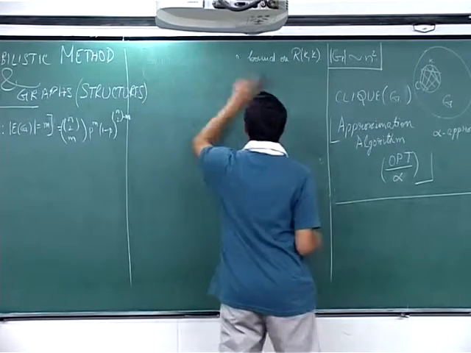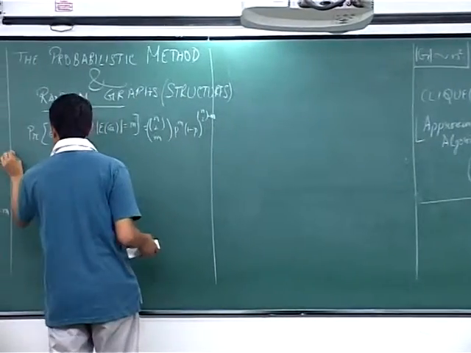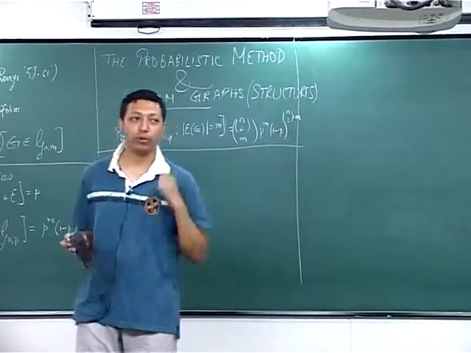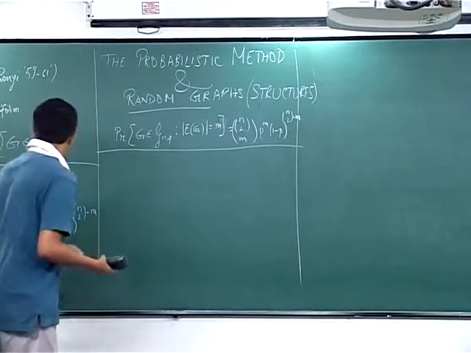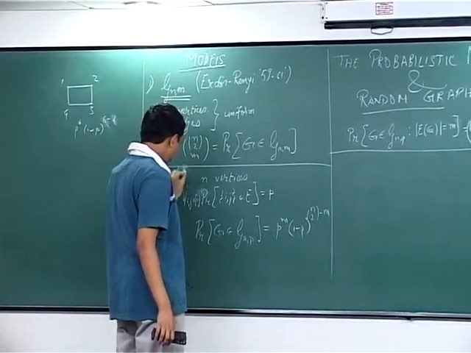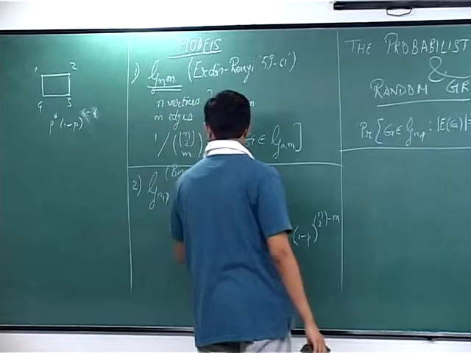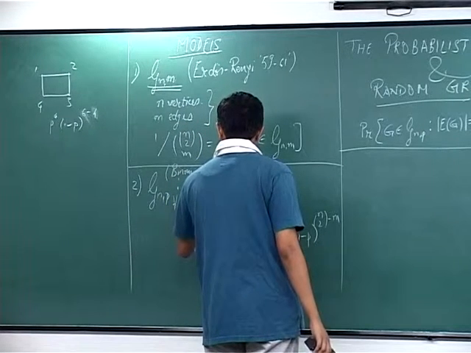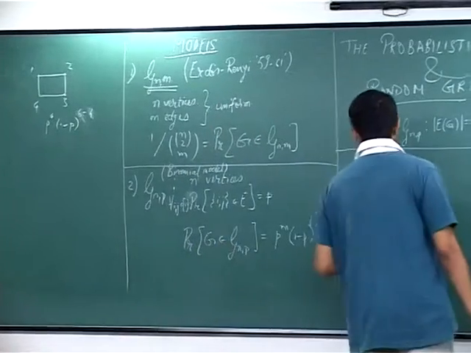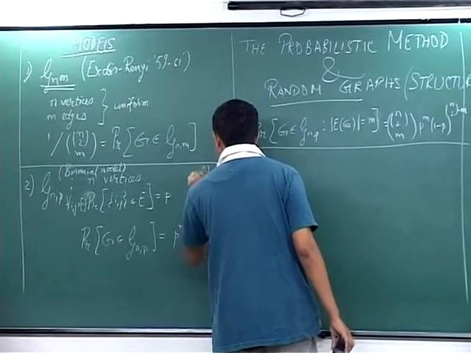There is one more model which I would have liked to talk about. There are many models and maybe you can come up with your own model for your own problem, but this model is also known as not only the G n comma p model but also the binomial model, because you see that p and 1 minus p are following a binomial distribution, with n choose 2 comma p.